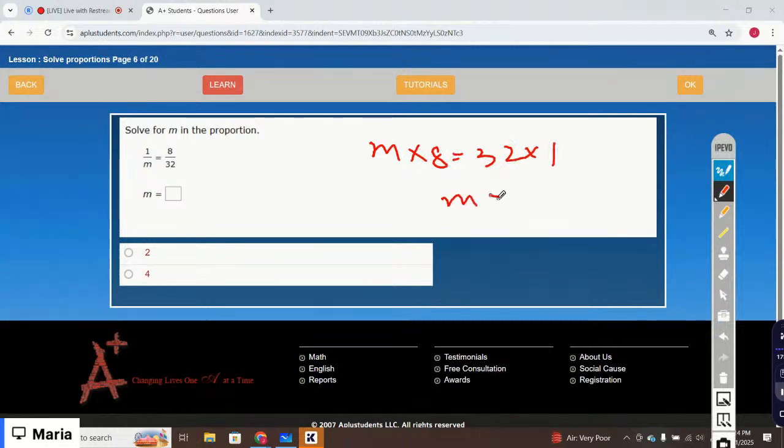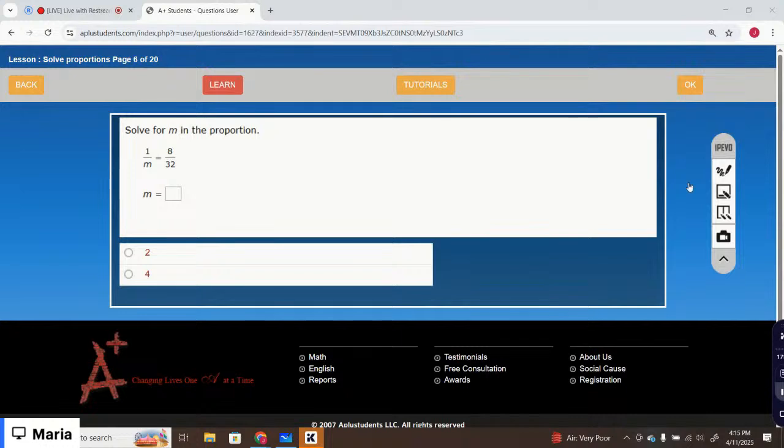So M equals 32 over 8. So which is the correct option? That is 4. Option number 2 is the correct option. 4 it is.